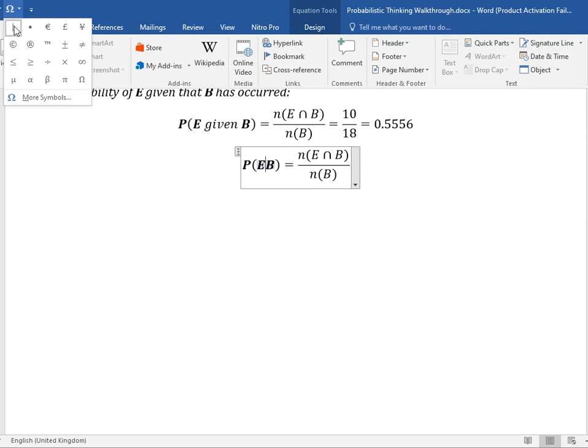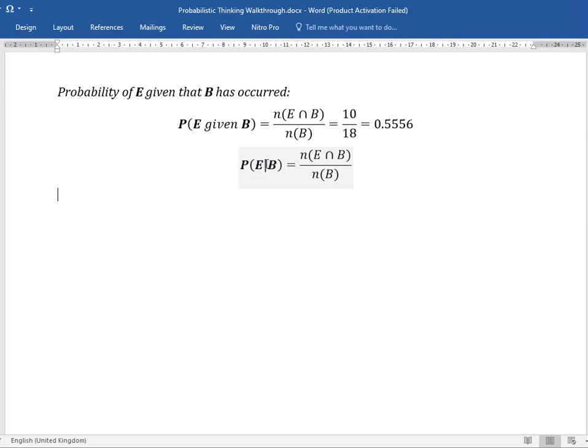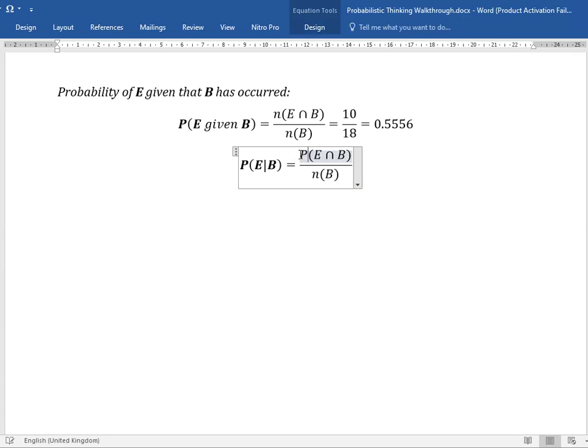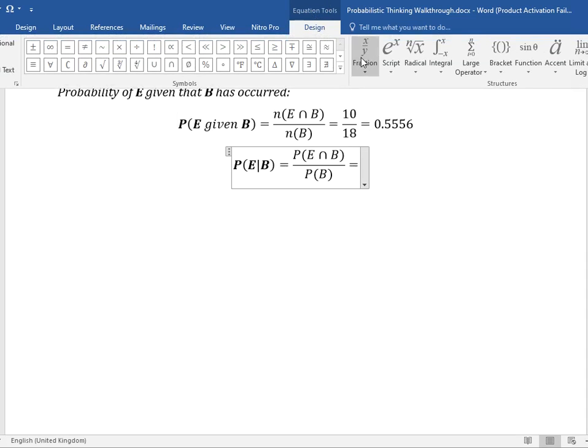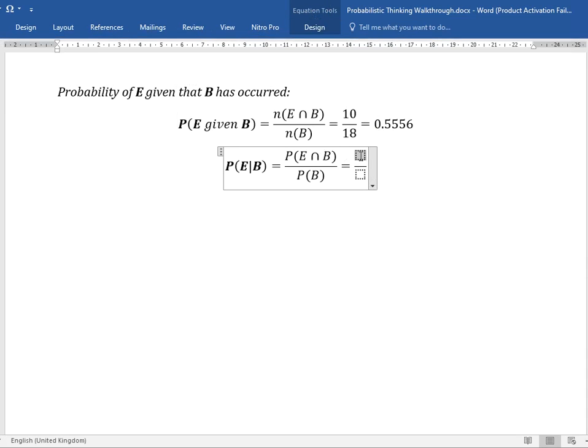So the probability of E given B is the probability of E intersect B divided by the probability of B. The probability of E intersect B is 10 divided by 38, right?